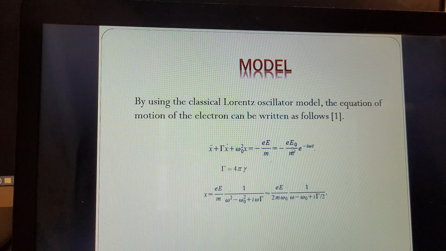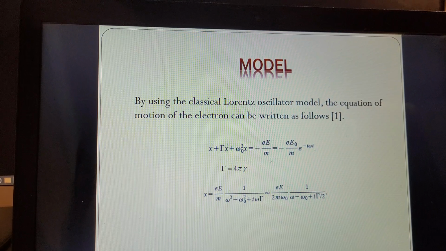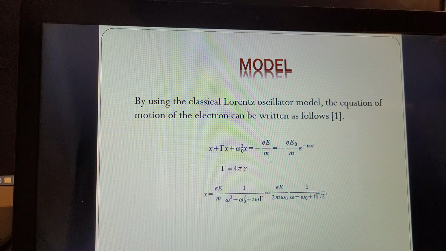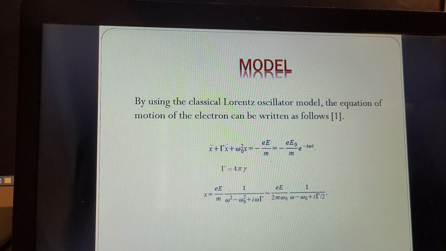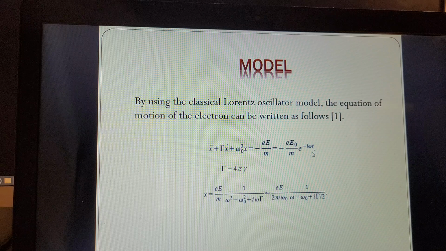And we can write down the electric field in this form: the amplitude of this electric field, and because it has a specific frequency, being the nature of the electromagnetic wave, we can write it in this form. And the damping rate is equal to 4 pi gamma.